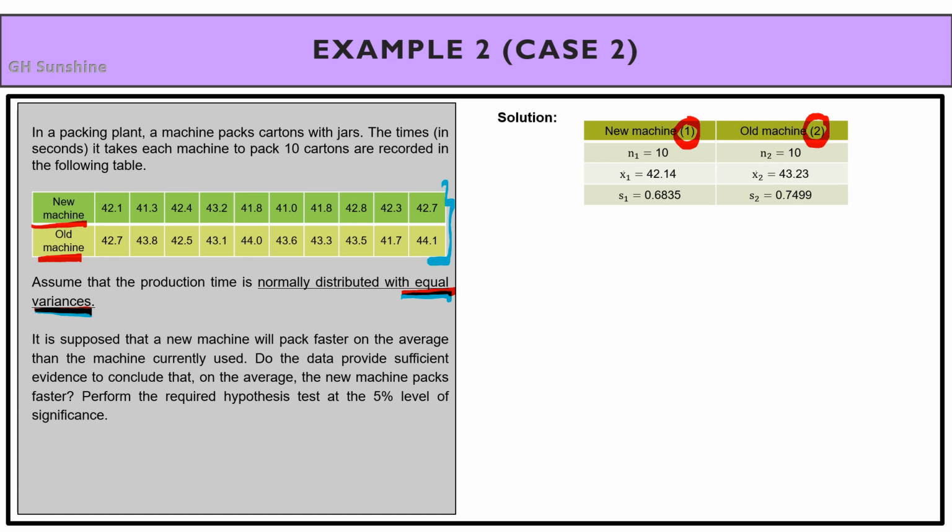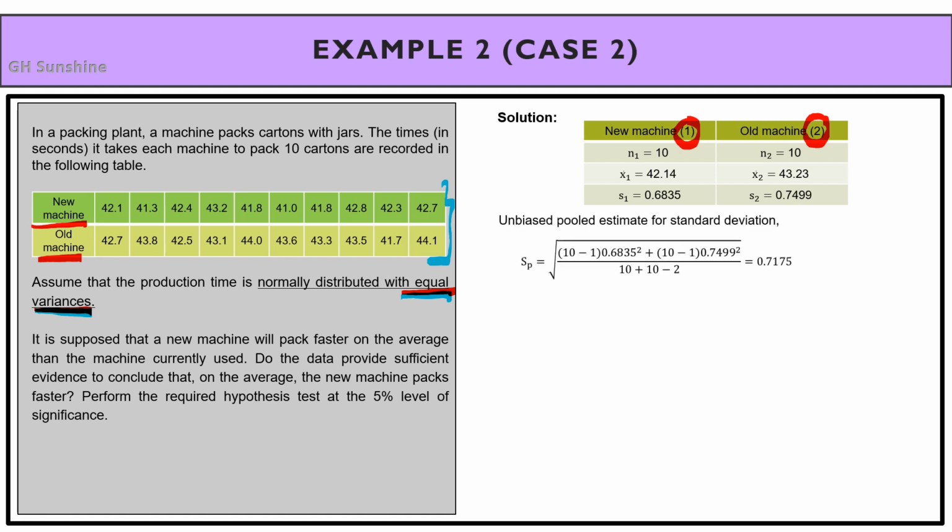Second case using T, two population. So, calculate unbiased pooled estimate for standard deviation. So, calculate Sp equal to 0.7175. Next step, proceed to 5 steps of hypothesis testing.